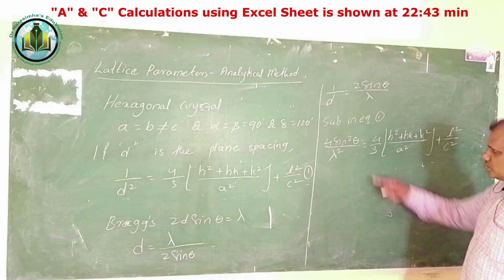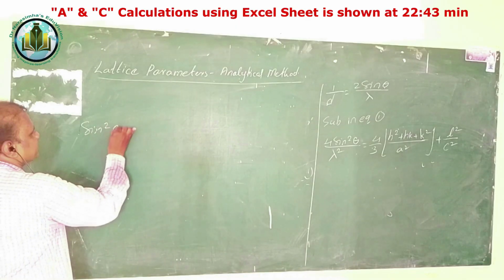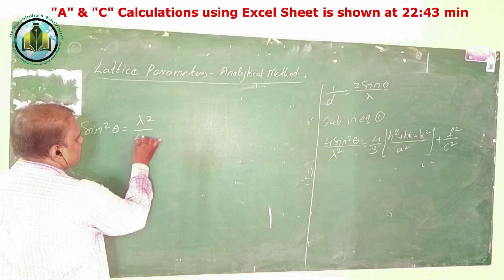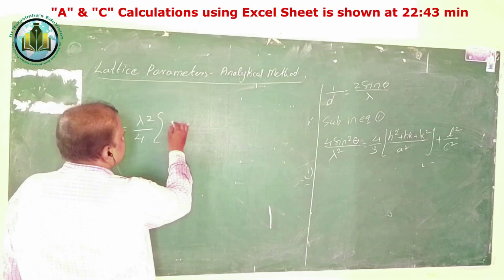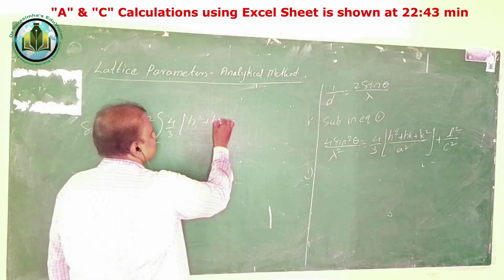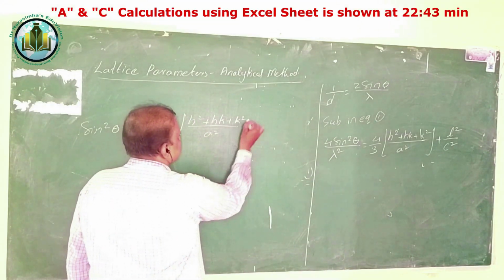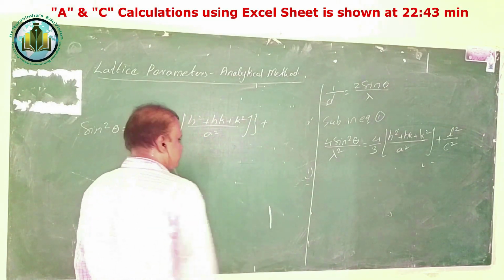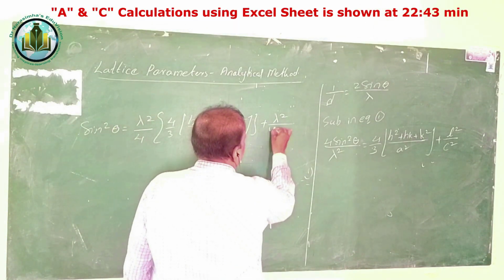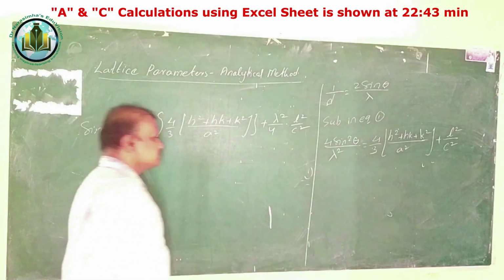From this I am going to write the value for sin square theta. Sin square theta equals the first term, lambda square by 4 into 4 by 3 (h square plus hk plus k square) divided by a square, plus the second term, lambda square by 4 into l square by c square.